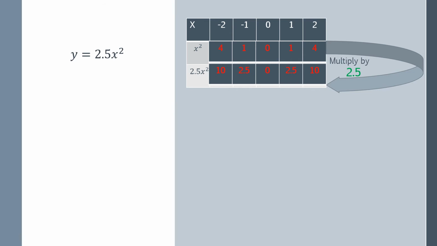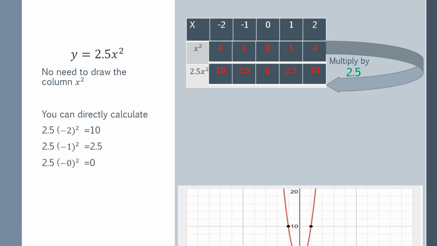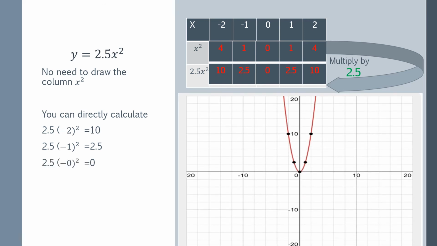I don't recommend drawing the x squared column. You can directly calculate 2.5 times -2 squared to get 10. 2.5 times -1 squared is 2.5, and so on. And then you will plot these points on the graph to get this shape.